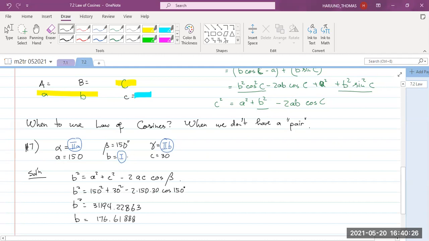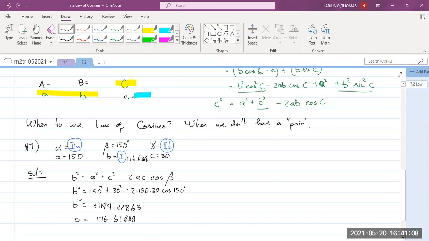Okay, so this will be 176.61888. Is it okay? Now then, using that pair for beta and B, we will be able to find angle alpha or angle gamma.